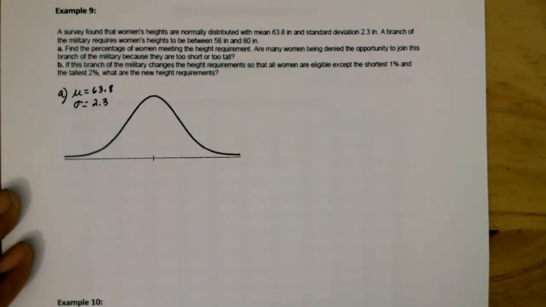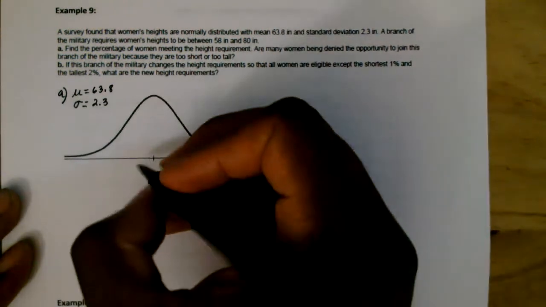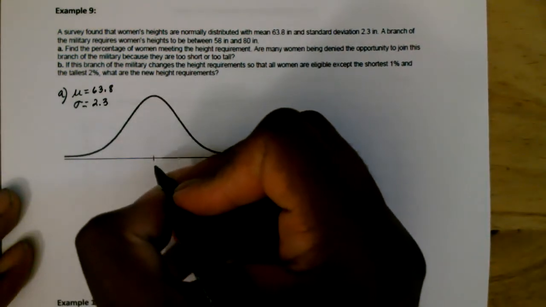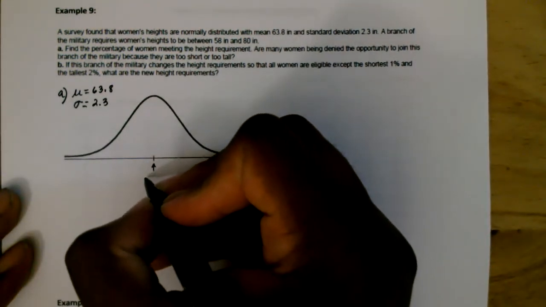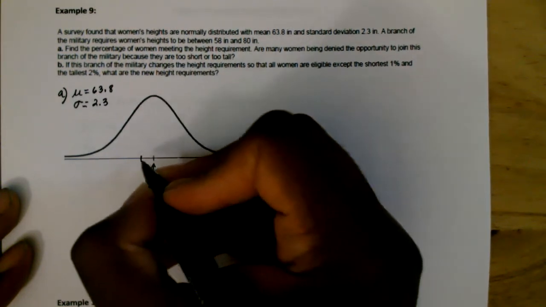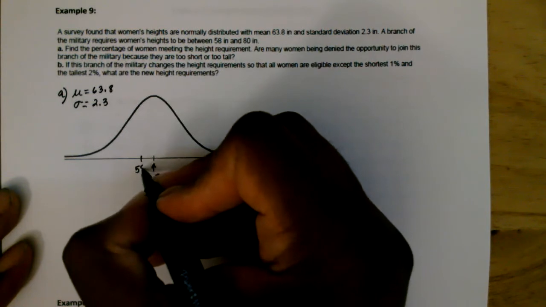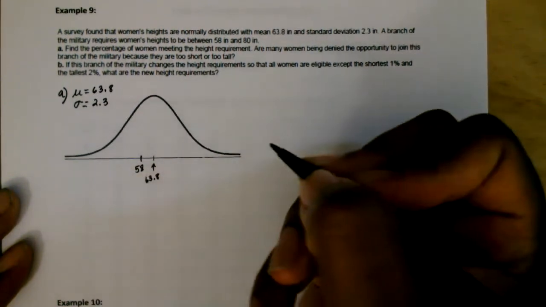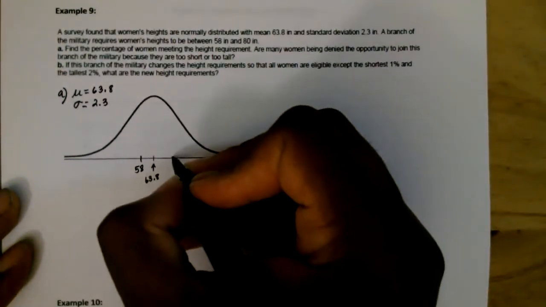The branch of the military requires women's heights to be between 58 and 80 inches. So if this is 63.8 at the center, then 58 will be about right here, and 80 will be somewhere over here.